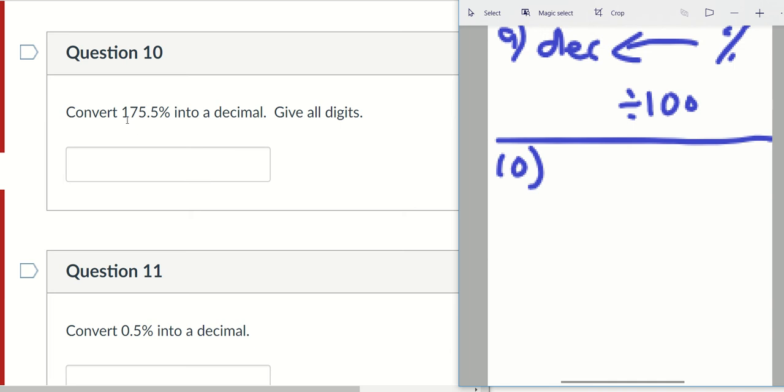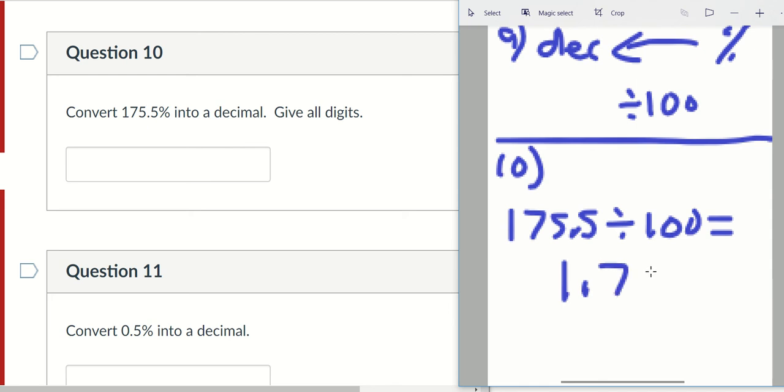We got 175.5%. We need to divide by 100. 175.5 divided by 100. They want us to round. Oh, give all digits, so we don't have to round. So that's going to be 1.755. Yep.